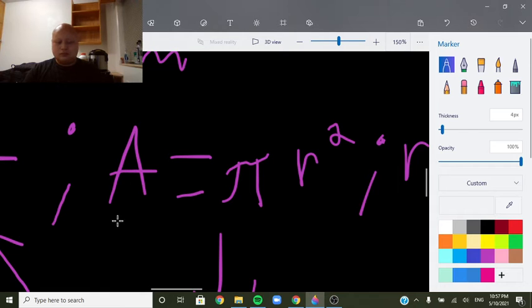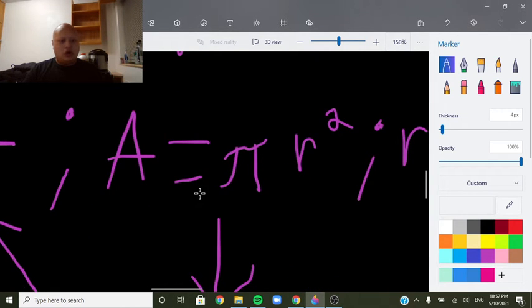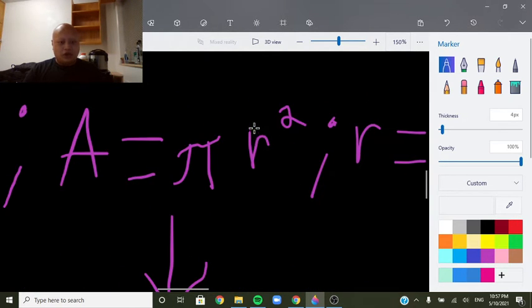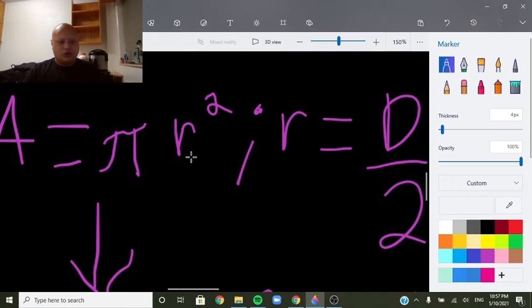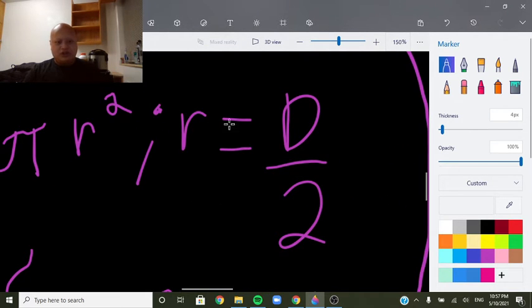Now we have to replace the r in terms of d, which is the diameter. Two r is equal to d, but then we just divide both sides by two, so r is equal to d over two.